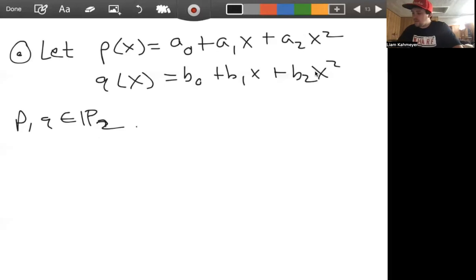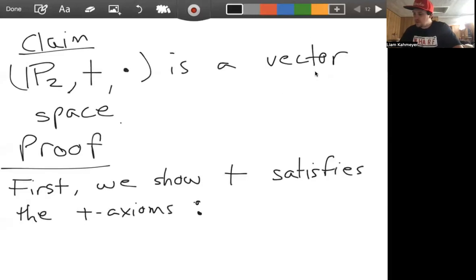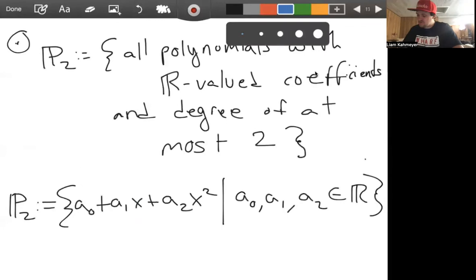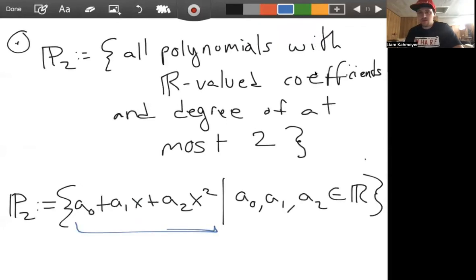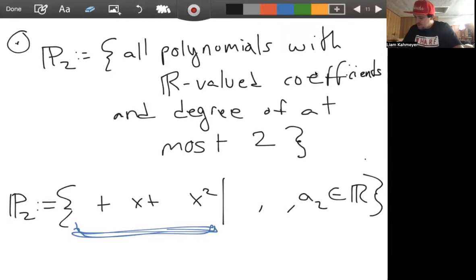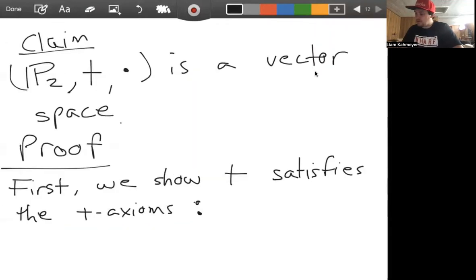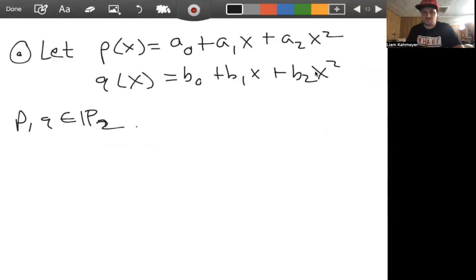Well, how do we do that? We have to show that the sum of two elements is also of the form that we see here, right? And maybe to avoid confusion, since I'm using a0, a1, a2 here, let's just say a, b, c, an element of the reals, right?